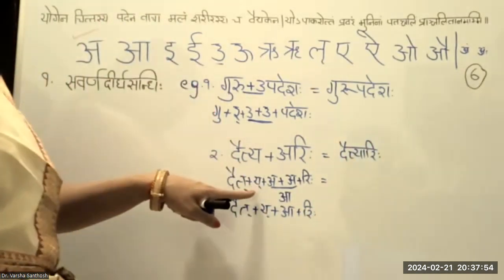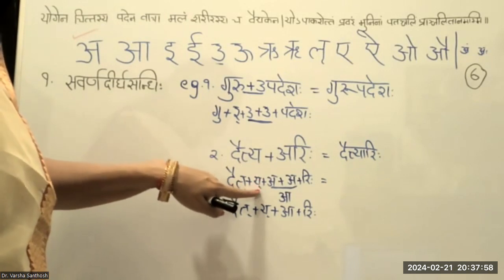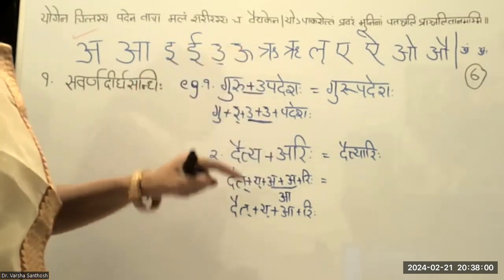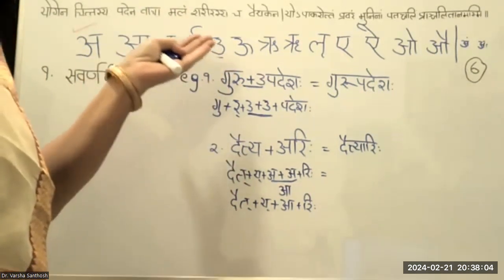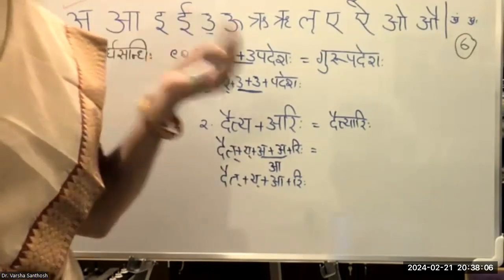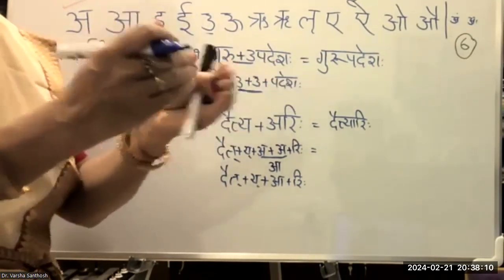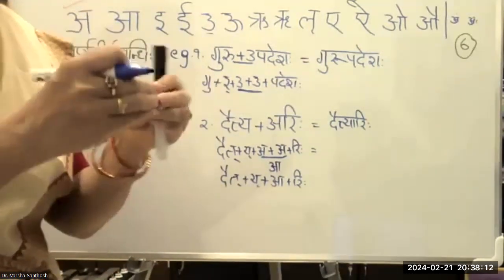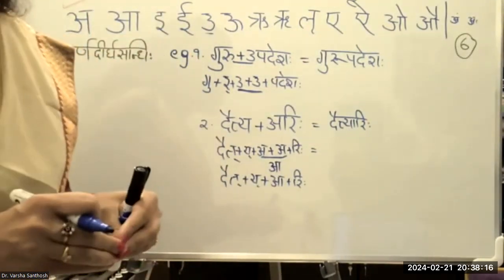So this knowledge that Vyanjana does not exist on its own, in that there is a swara. Over here, A was the swara, and in Guru's Upadesha, U was the swara. This division we should know, because that swara is going to go and combine to form a sandhi. Alphabet combining is sandhi.